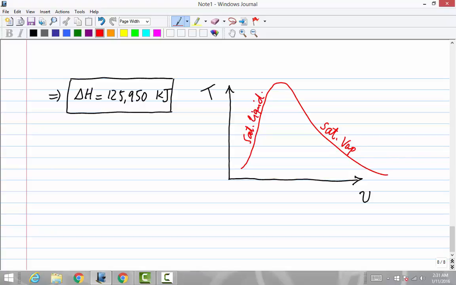And in between these curves we have a mixture of liquid and vapor. At the left side we have subcooled or compressed, and on the very right side we have superheated. According to our table, we started with compressed liquid, and we know that compressed liquid is somewhere on the left of the curve, like here, for instance. So this is our point 1.